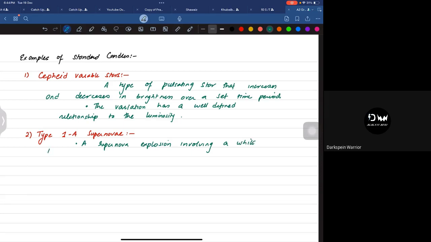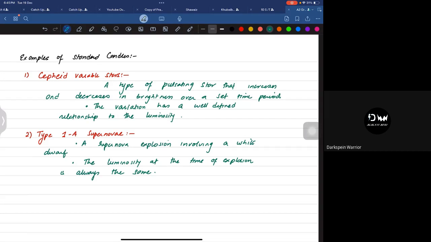This is basically the end stage of a normal star. The luminosity at the time of explosion is always the same. So that's why for any of these type 1A supernova, we take it as a standard candle.